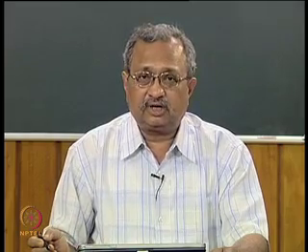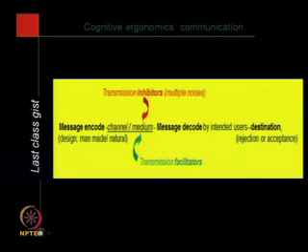We concluded last session with this communication model: in a man-made or natural object or article, some message is encoded. This message has to be decoded by the intended users, and while decoding, some transmission inhibitors and some transmission facilitators are there.